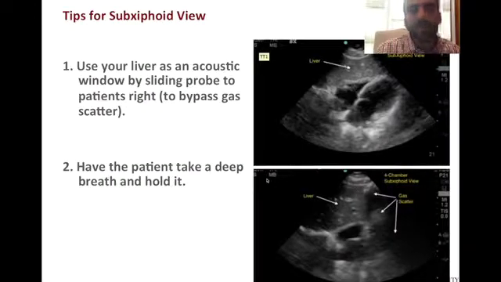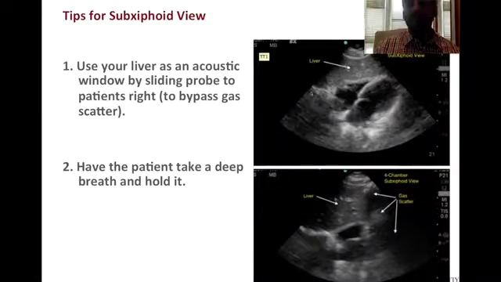So for the subxiphoid view, number one, place your probe in the subxiphoid space and then identify the liver, because we're going to use the liver to be the acoustic window into the cardiac structures. So after you place the probe in the subxiphoid space, you want to adjust your probe such that the liver is in the majority of your screen.